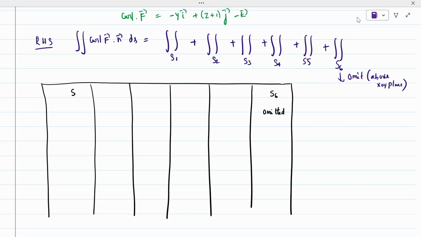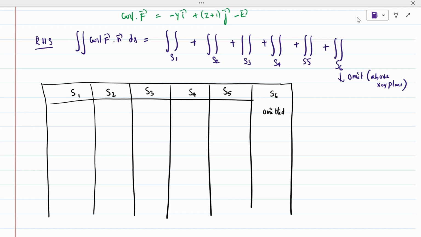It is omitted. I'm not going to use the 6th surface, only 5 surfaces.